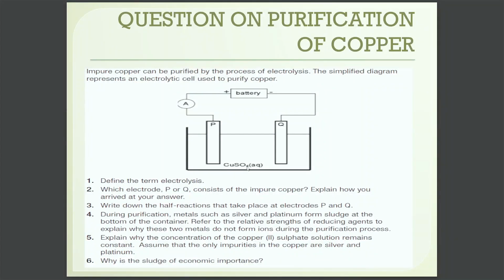If you look into copper refining, we said a sludge or residues of metals are always remaining behind. So the question is, why is the sludge of economic importance? We said the sludge has pieces of metals that can be sold.